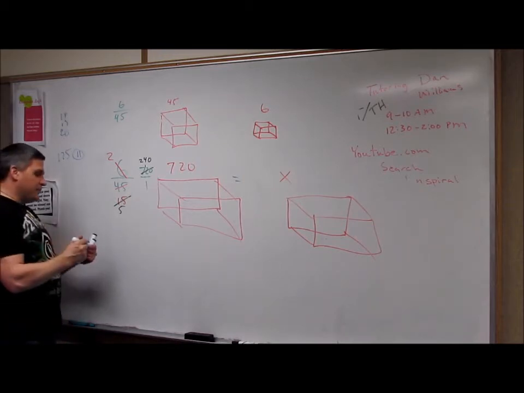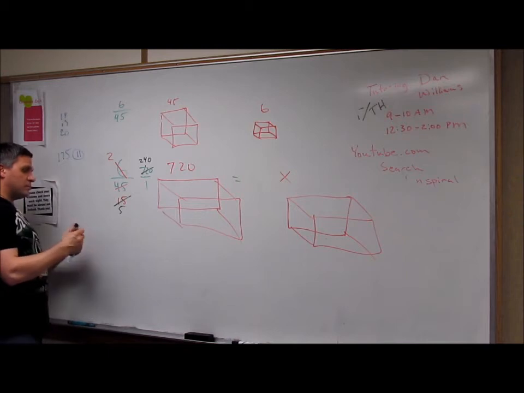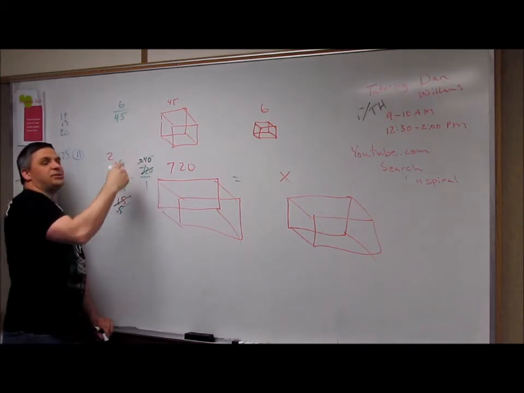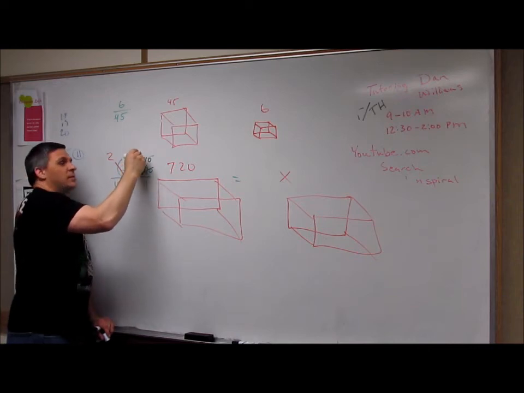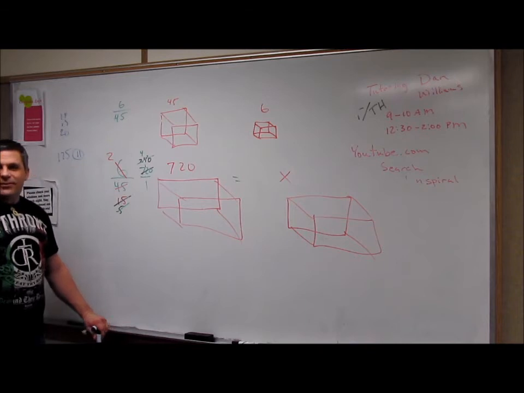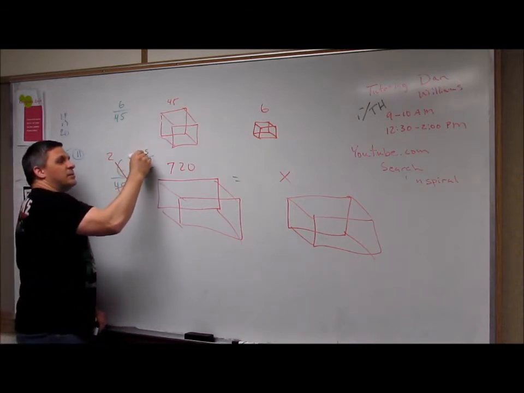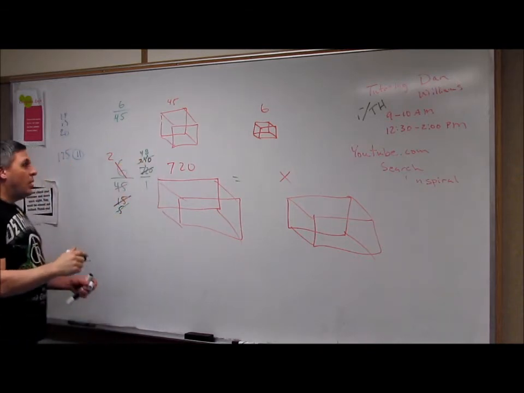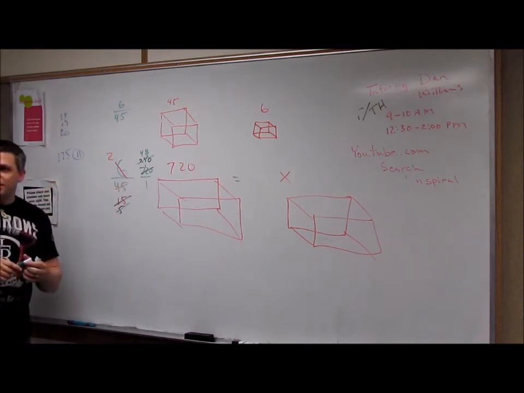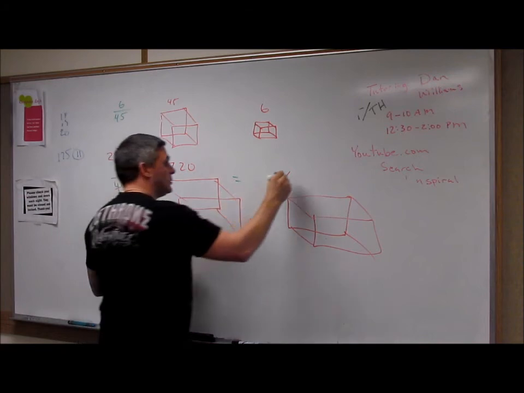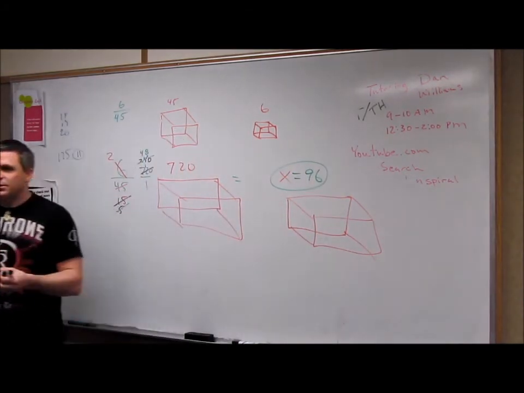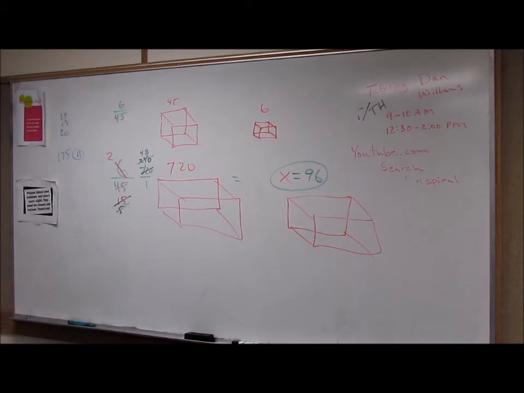How many times? 5 goes into 20 4 times with 4 left over. 5 goes into 40 8 times. What's 2 times 48? 96. Is that the answer? Yes.